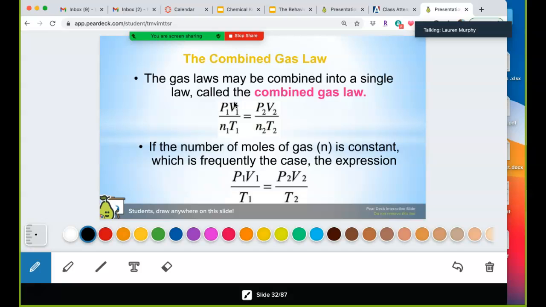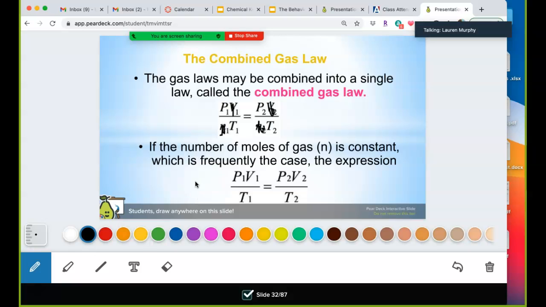So volume and moles are constant. You have the relationship that we learned, the equation between pressure and temperature. P1 over T1 is P2 over T2. Sometimes they do leave out the moles.